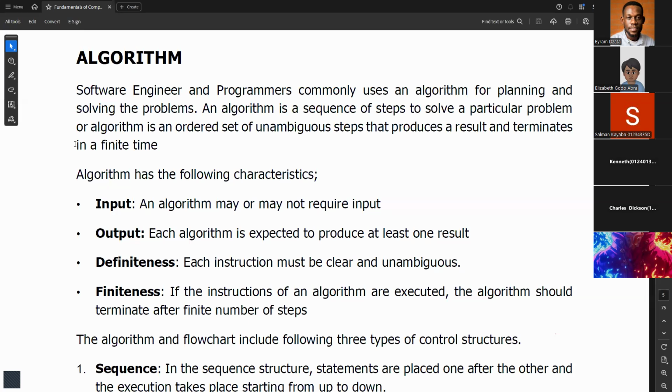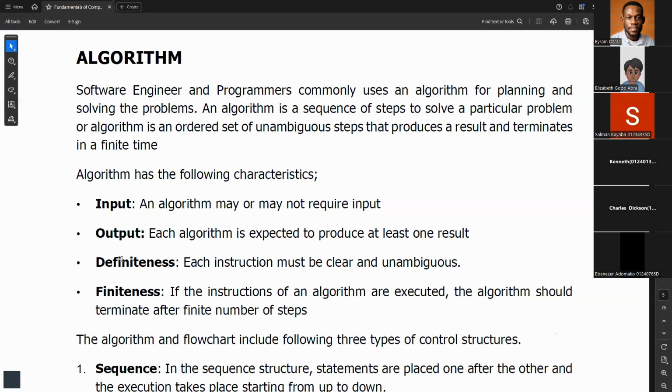Then each algorithm is also expected to produce at least one output. Then algorithms are definite. That means they must be clear and unambiguous. And then it's also finite, in the sense that it should be terminated after a finite number of steps.